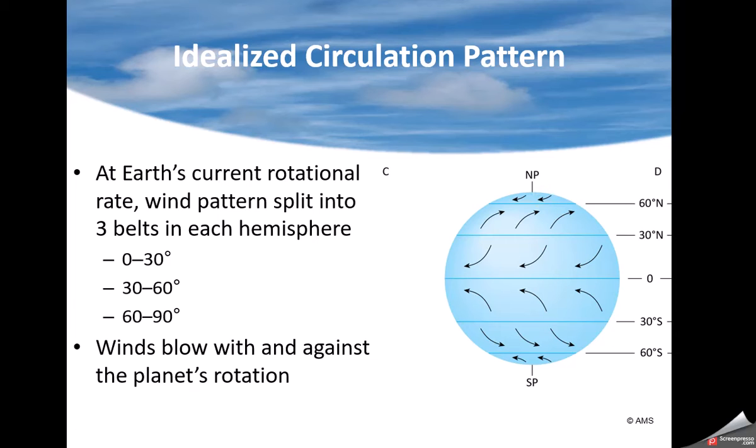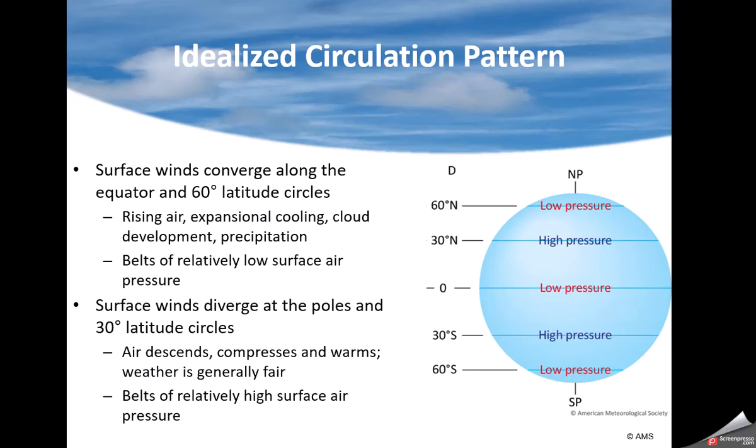So winds blow with and against the planet's rotation all over the place. What that generates is low pressure around 60 degrees north and high pressure around 30 degrees north, predominantly, most of the time. Over the North Pole, there's extreme low pressure in the upper atmosphere, but we're talking about the surface here.